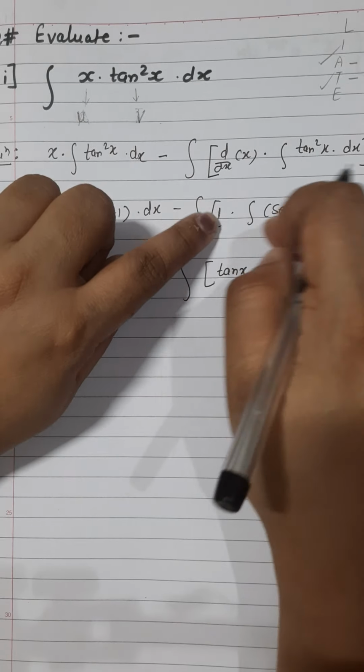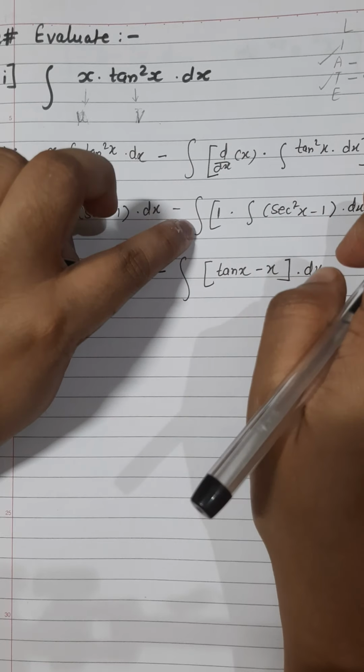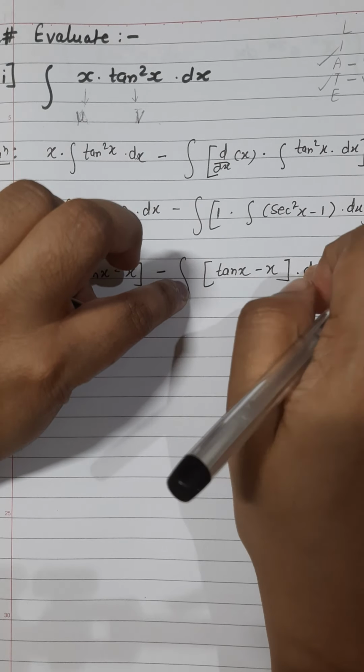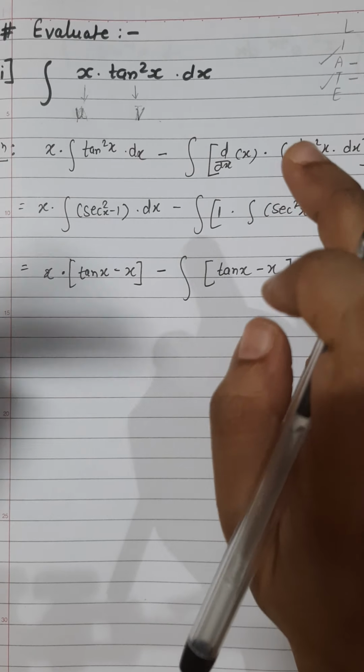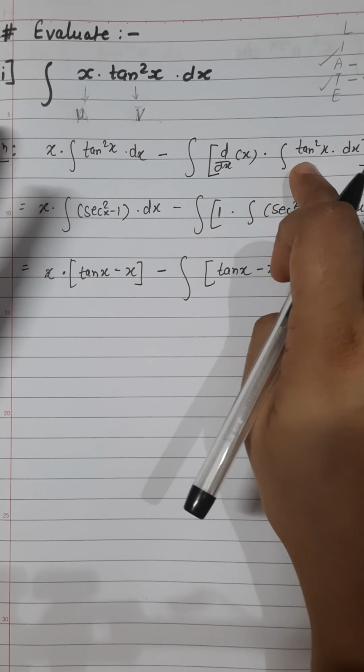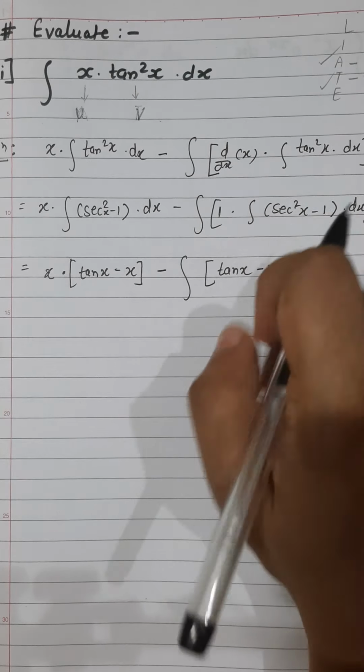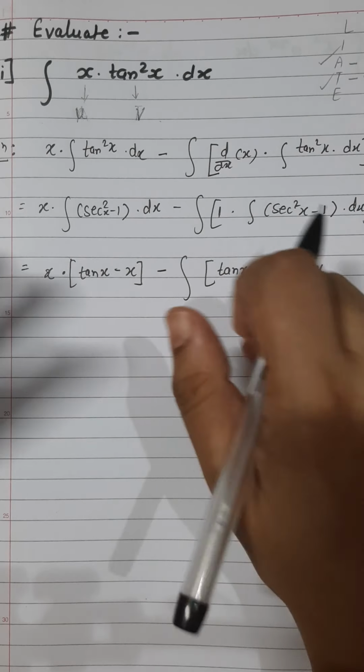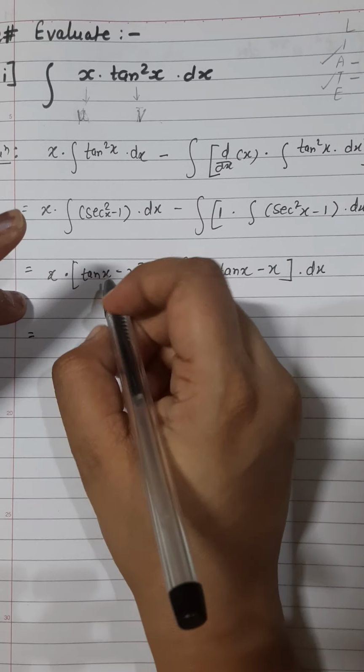So that means this integration answer is in this bracket, with this integration sign outside and this dx. So that means we have to double integrate. After integrating this inner bracket, we have to integrate one more time, that is in the product rule. So here we will solve further.